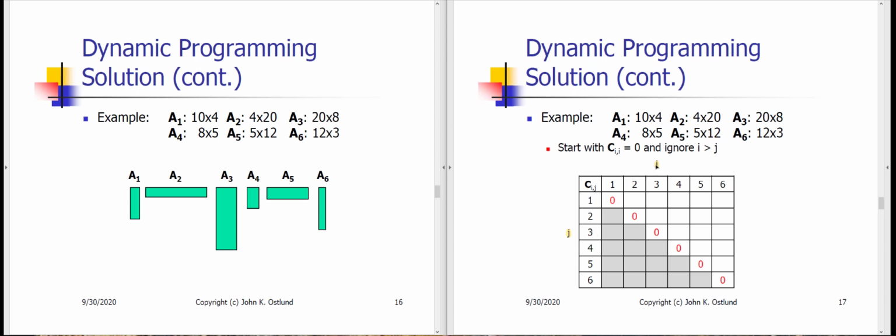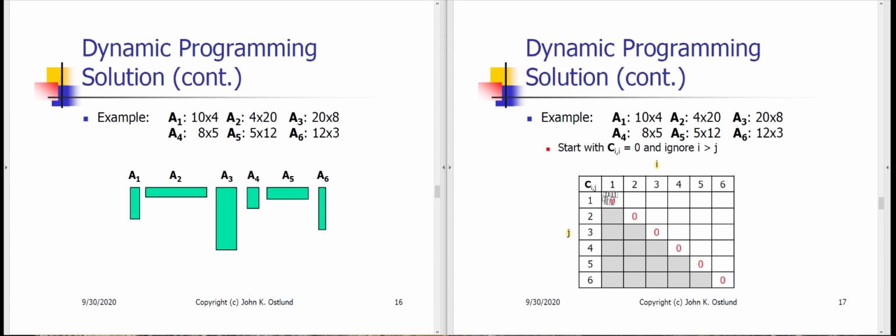Okay, so like I said, we're only going to fill in values in this matrix where the value of j is greater than or equal to i. We can start out by just filling in the cells where we only have one matrix involved. It costs nothing if we're only looking at A1.